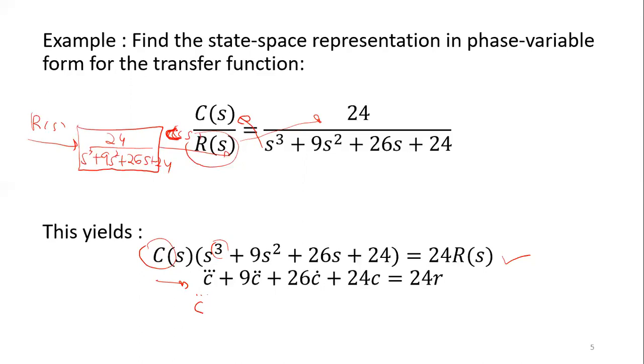Then 9 C double dot comes from s to the power of 2, 26 C dot, and 24 C, which equals 24 R. This is our first step towards transforming it into the time domain.